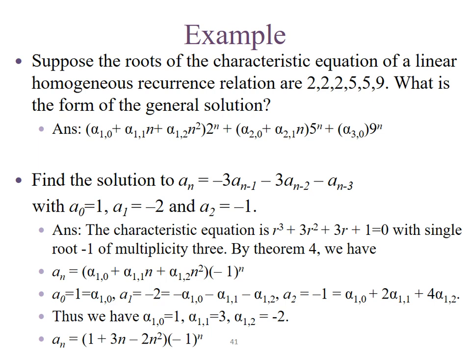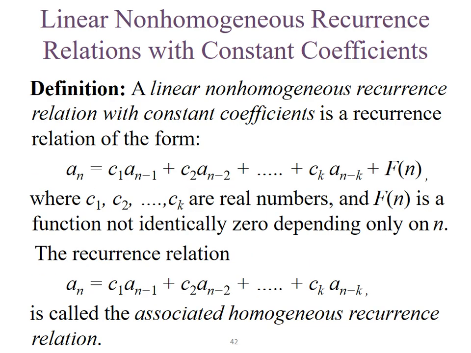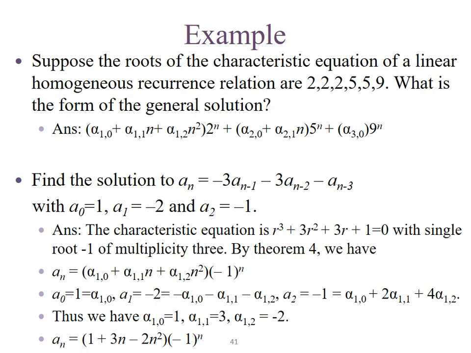And we can use 3 initial conditions to solve the unknown variables alpha_1,0, alpha_1,1, and alpha_1,2. Alright, that's all for linear homogeneous recurrence relation: how to discover its closed solution for a_n terms.